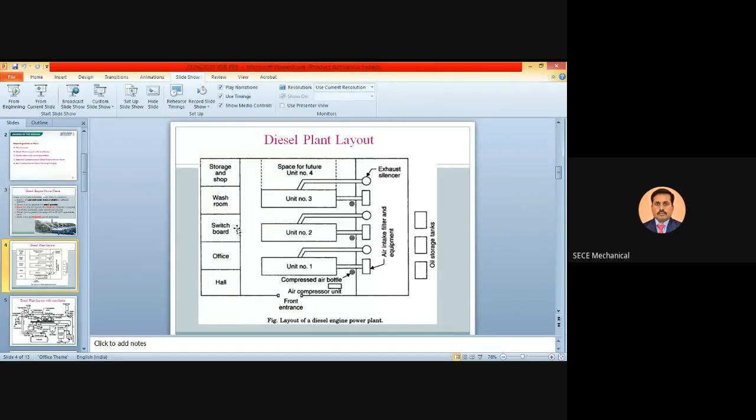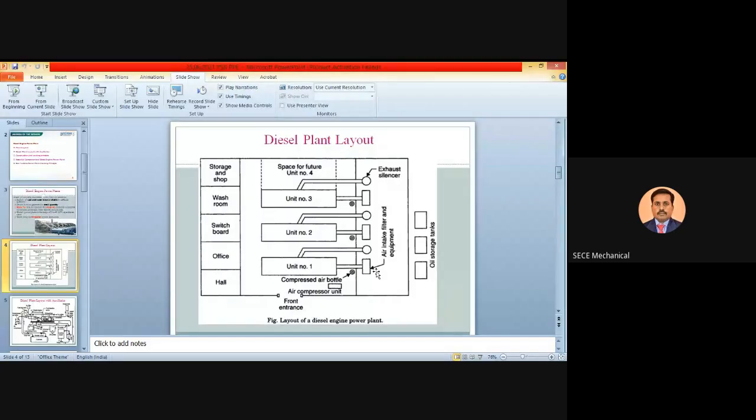If you provide a diesel power plant, you need genset devices. For that you need intake systems, and similarly an exhaust muffler system. While constructing the exhaust system, you have to take care of it, because while operating the engine, more noise will be created.